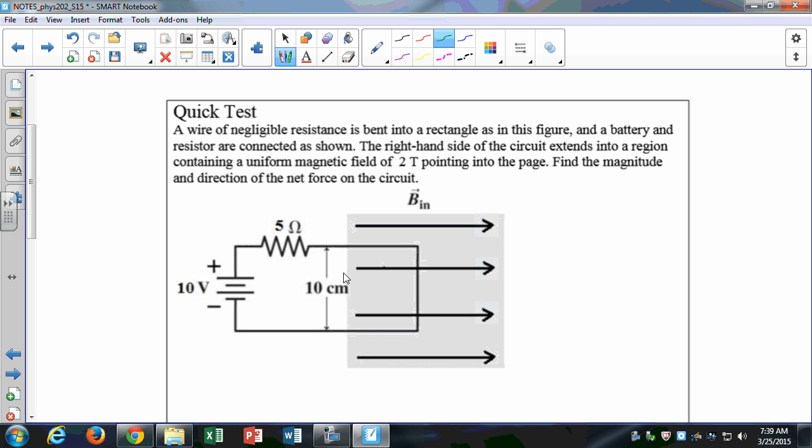You want to find the magnitude of the force on this wire. So we have three little sections of wire here, here, here, and here. All right, you want to think about the direction of the current. What is the direction of the current on this wire? I'll let you think about it. And then you want to calculate the magnitude of the force on that current.